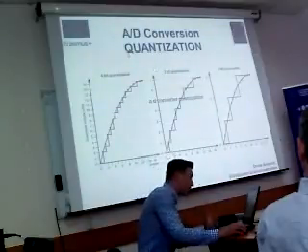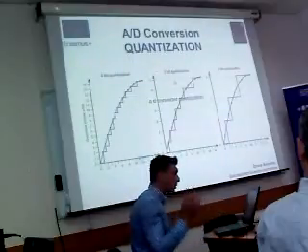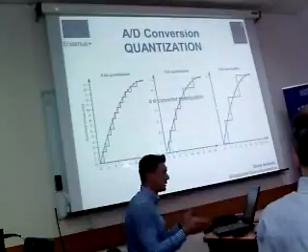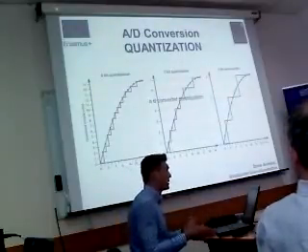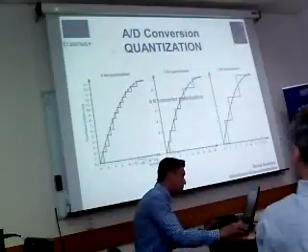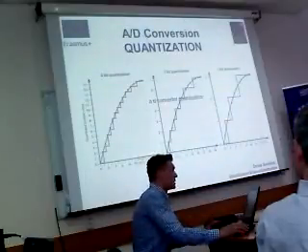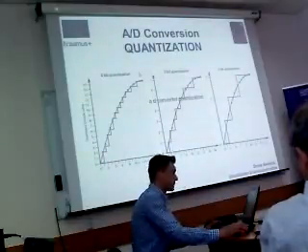Yeah, the bigger the number, the longer the number in the result is, the bigger the resolution of the analog decimal conversion is. And that way, the higher resolution of all the analog decimal conversion and converter is.